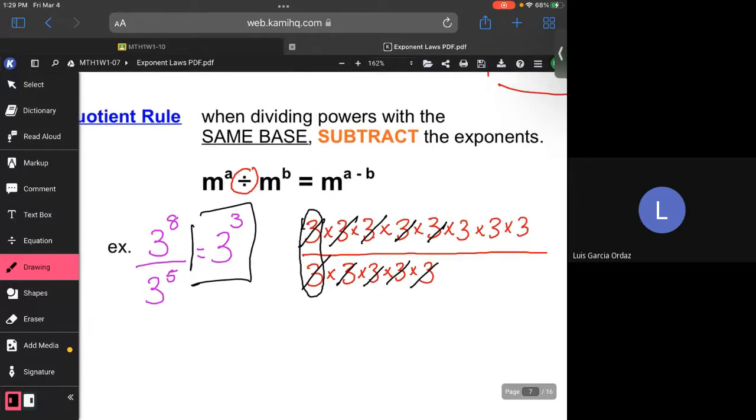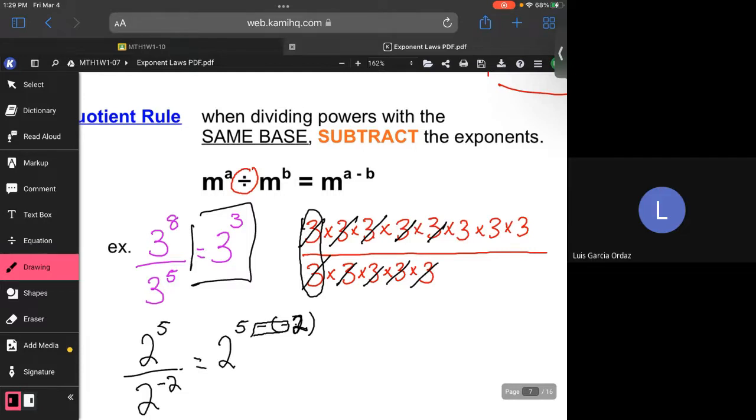Now, let's see if I give you guys this example. 2 to the power of 5 divided by 2 to the power of negative 2. Again, use the same thing. We're going to subtract the exponents. Gian, what would it be? 2 to the 7. Because we got 2 to the power of 5 minus negative 2, sorry. And when we have two negatives separated by a bracket, what do they become?